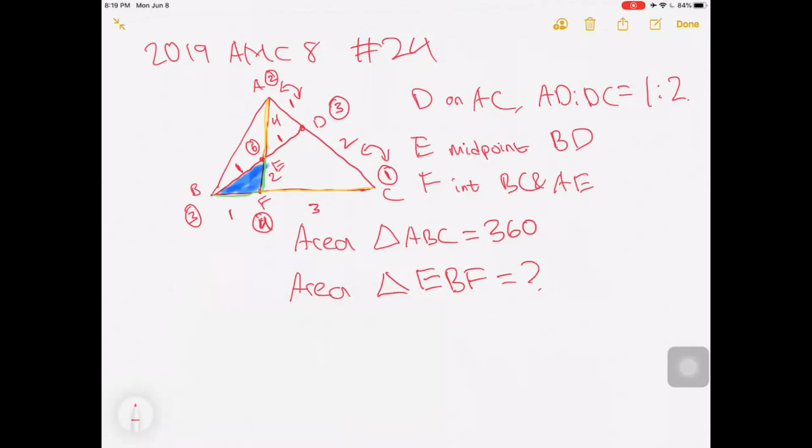And then we can just start using our ratios and converting them into area conditions.